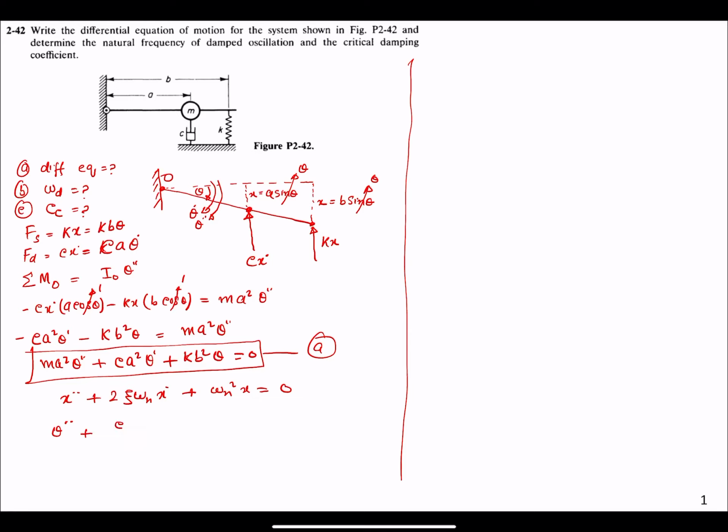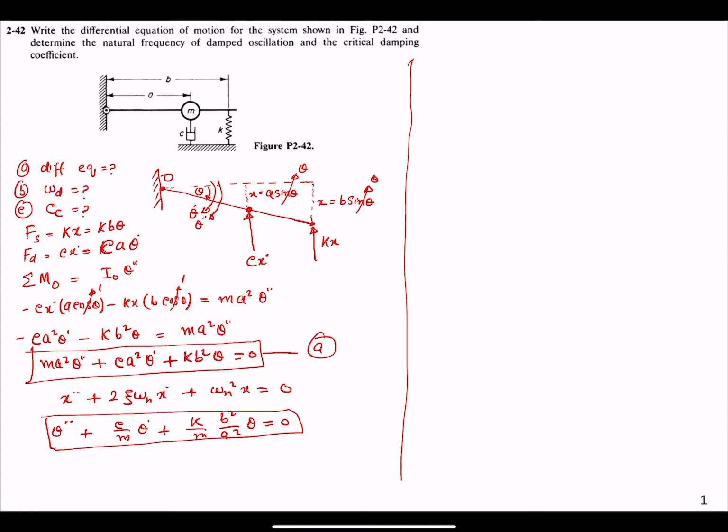If you divide this equation by m a square, we get theta double dot plus c by m theta dot plus k by m times b square by a square theta equals 0.